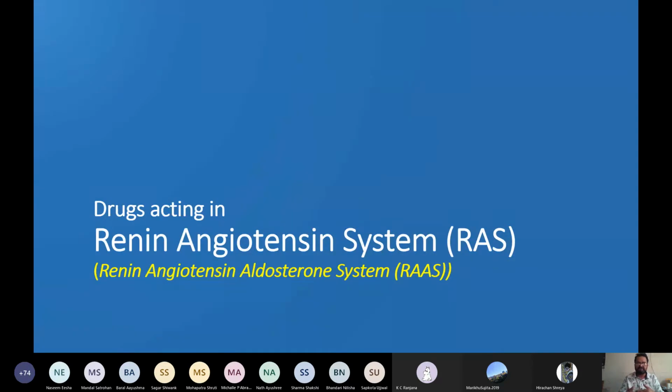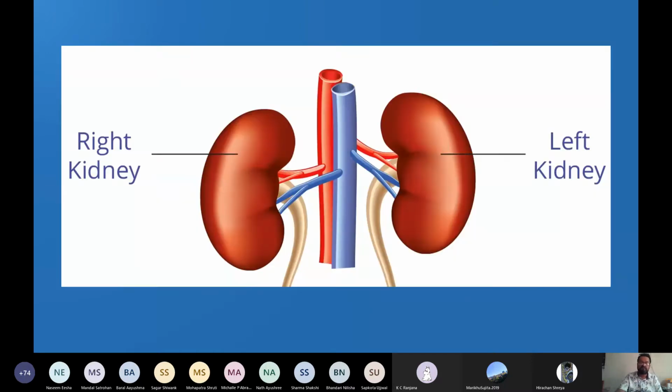The pressure of the blood that goes inside the kidneys is very essential for its good function. If the afferent pressure is low, then the kidney will not be able to filter adequately, and that is the reason it needs to monitor. You can see the kidney is attached to this big aorta and this vena cava, I think.